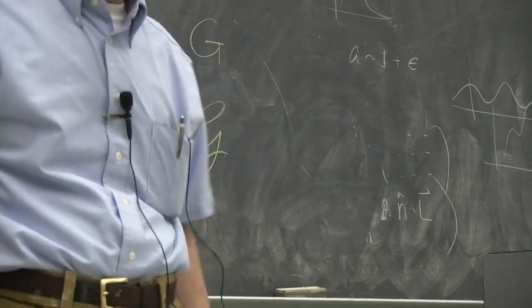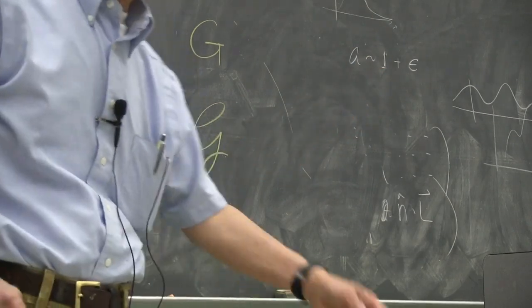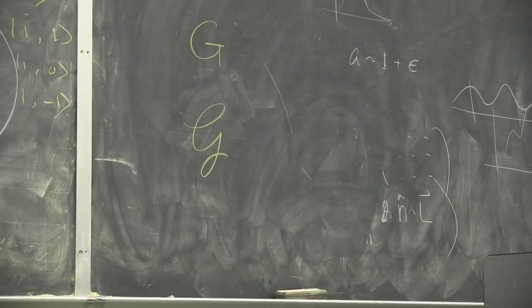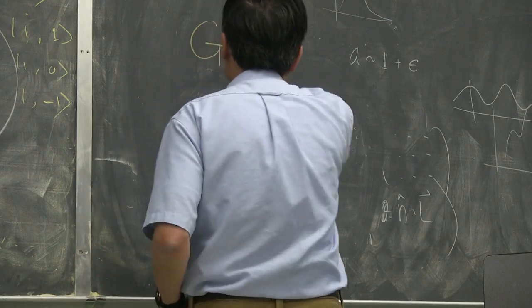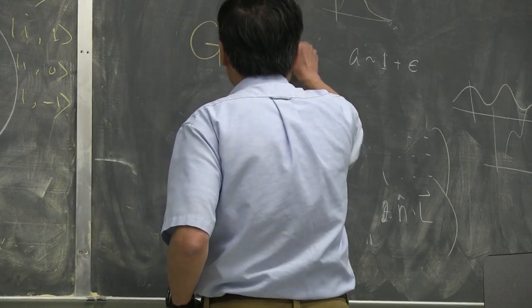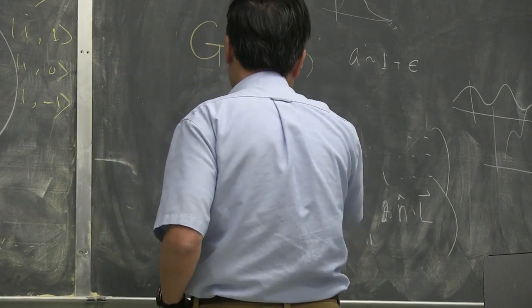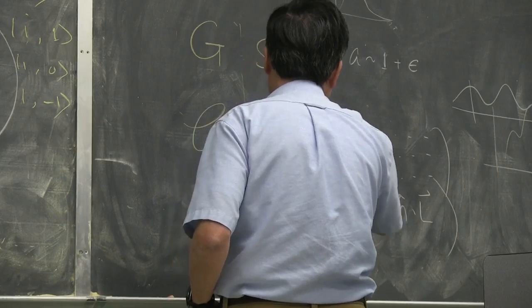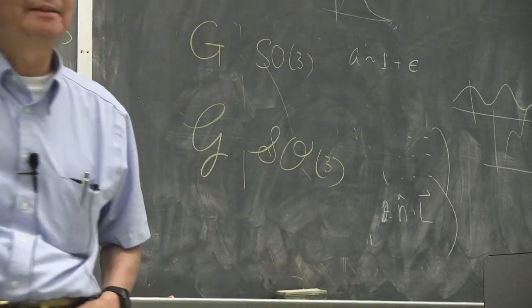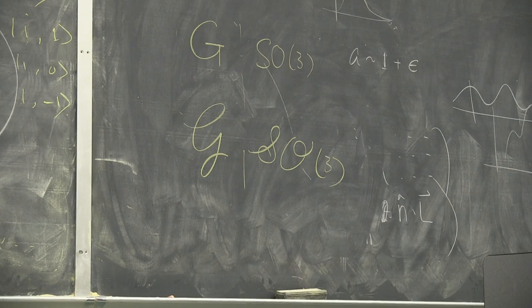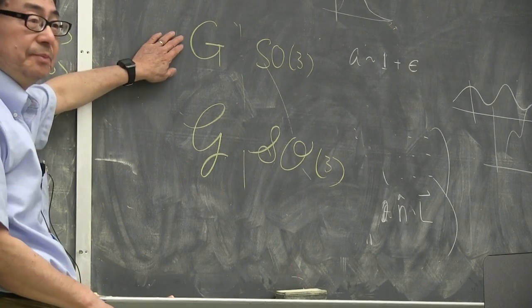So this is notation that's very often followed. Since I'm dealing with this group in here, I write the Lie algebra like that. Now, mathematically, this is just a group.